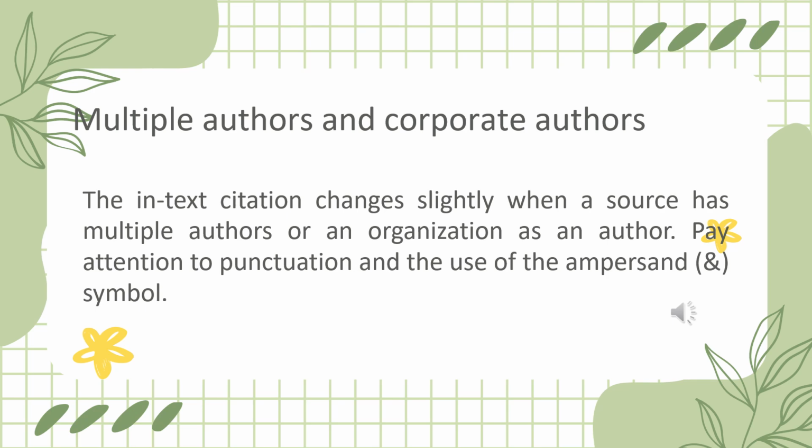So when I say parenthetical citation, it's inside a parenthesis. For example, if there are three authors, Smith, Jones, and Lee, you're going to write a parenthesis, Smith, comma, Jones, comma, and then your ampersand, Lee, comma, the year 2020, and then the close parenthesis.